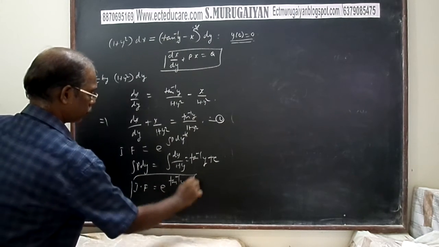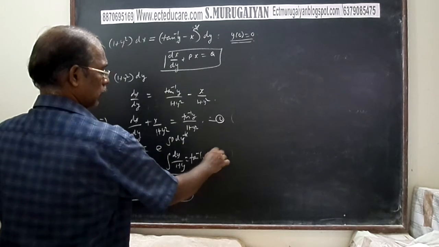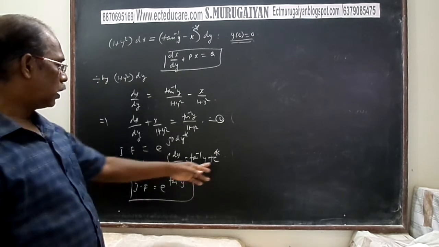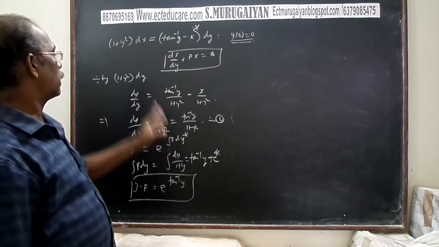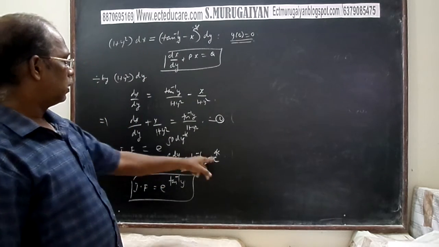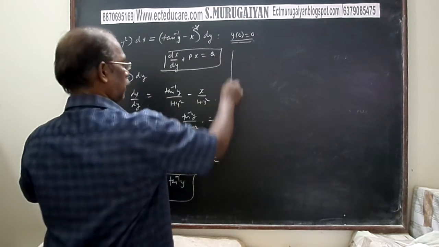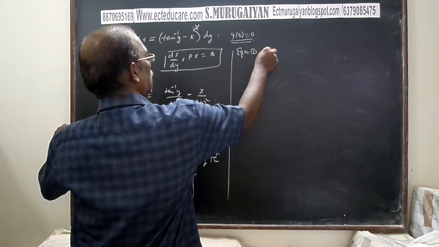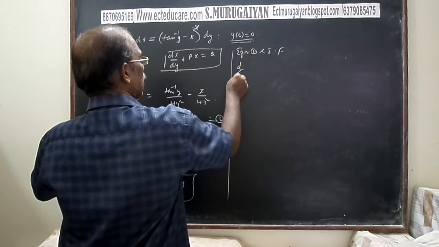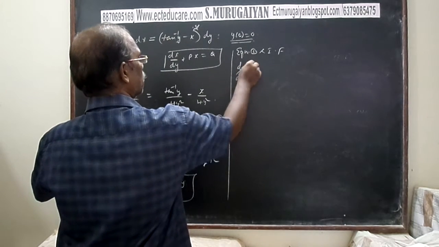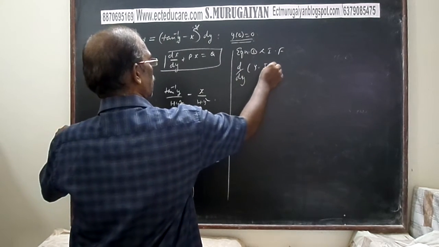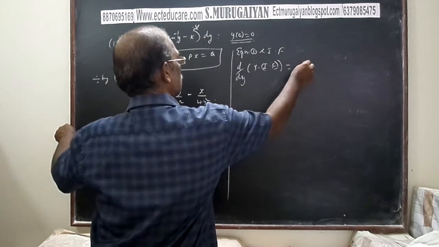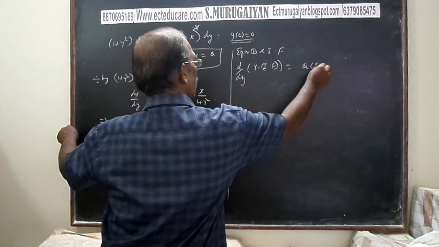No need for the arbitrary constant, it will not make any difference, because this is a factor that multiplies term by term. Now equation 1 into the integrating factor: d by dy of x into the integrating factor is equal to Q into the integrating factor.